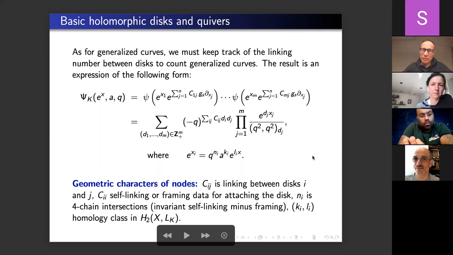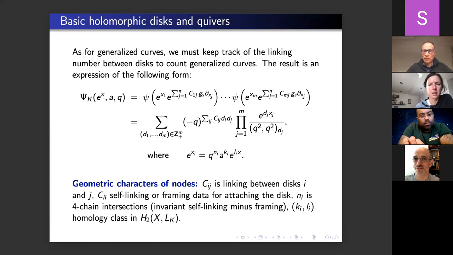So maybe the upshot of what we're doing is that we now have some kind of geometric understanding of what the quiver variables are and what the quiver matrix is. The quiver matrix is the linking between the disks, and the diagonal entries are the self-linking.